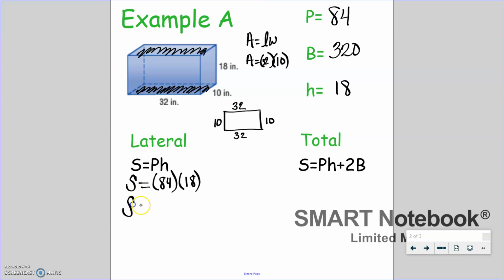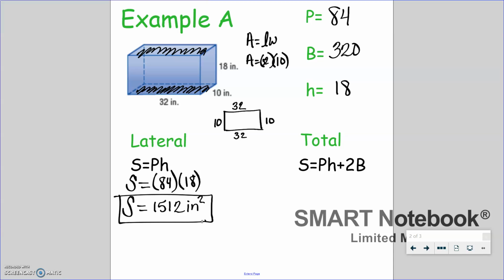So surface area is equal to 1,512 inches squared. That is the lateral surface area. So remember, that's just the sides. Okay? So we have our lateral surface area.